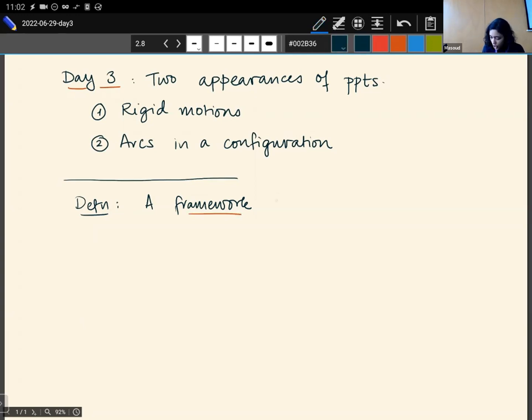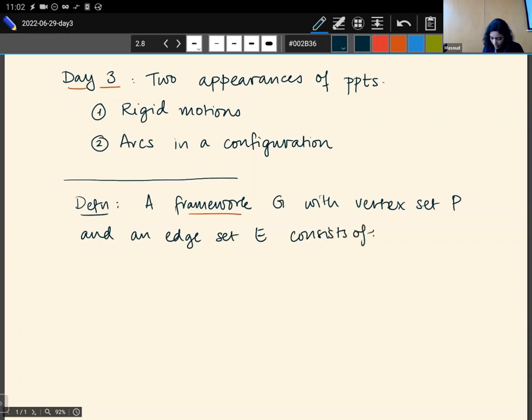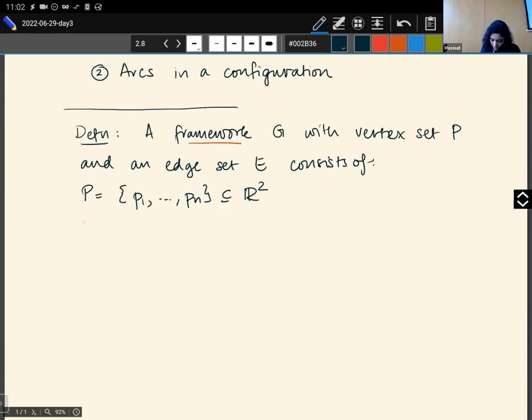So a framework G with a vertex set and an edge set consists of distinct points in the plane, and the edges are thought of as straight lines joining p_i and p_j, and you should think of them really as a straight line rod.